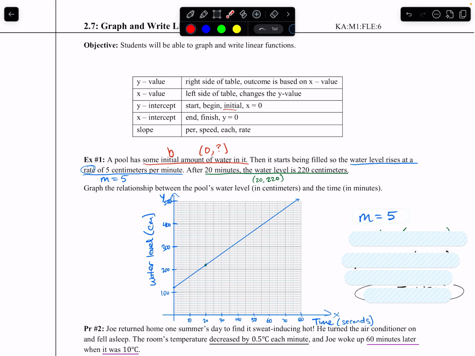Okay, so pulling from our word problem, we already saw that the slope is 5. We were also given a point on our line. Now remember, you need 2 points to determine a unique line. So we have 1 point, and if we use our slope, we can draw a slope triangle to find another point, and then draw our line.